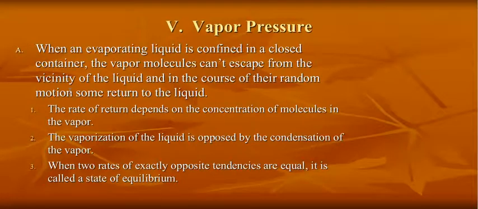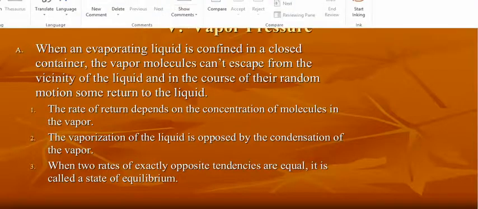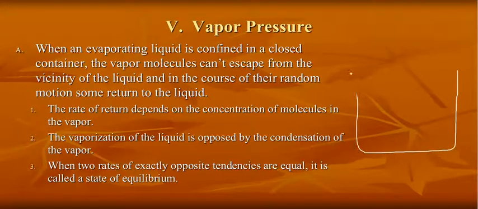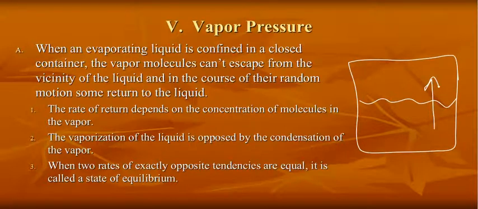Vapor pressure. When an evaporating liquid is confined in a closed container, the vapor molecules can't escape from the vicinity of the liquid. So in a closed container, some molecules will evaporate. In the course of the random motion, some of these gas particles will condense back to the liquid state because there's no place for those particles to go.